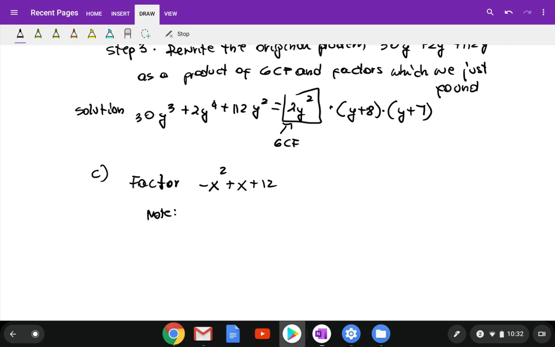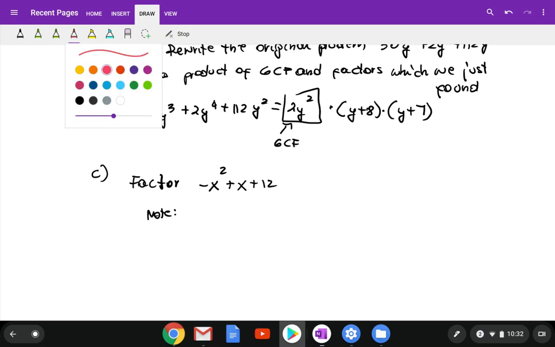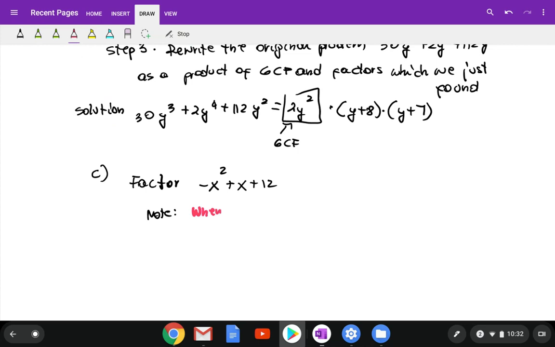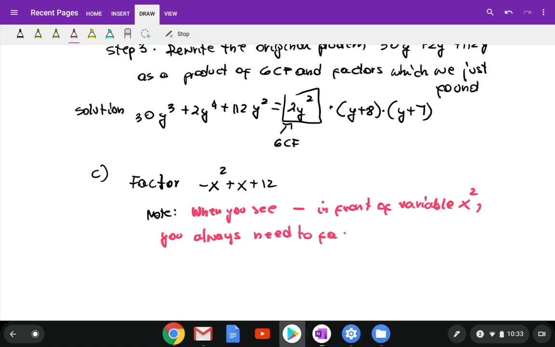Note. When you see a negative in front of the variable x squared or y squared, the one which has power 2, you always need to factor out negative 1, technically, which will be the GCF.